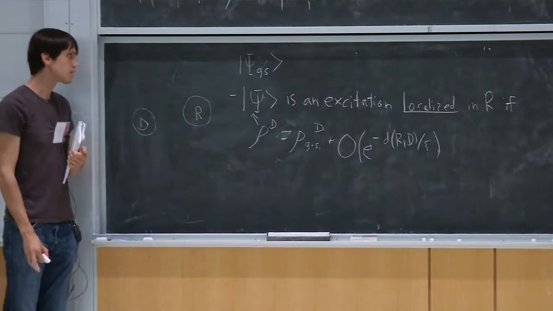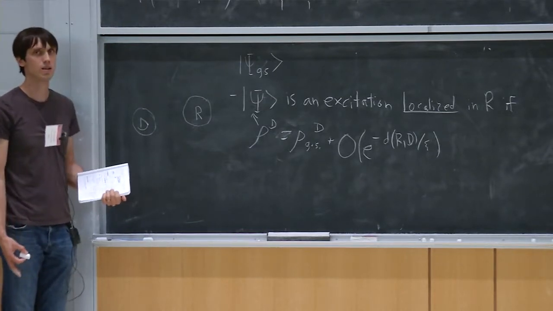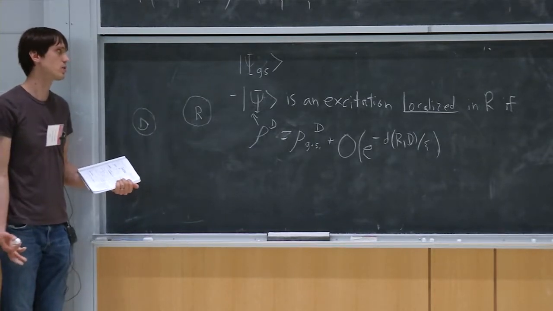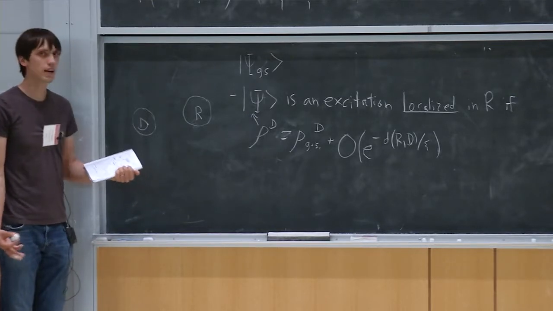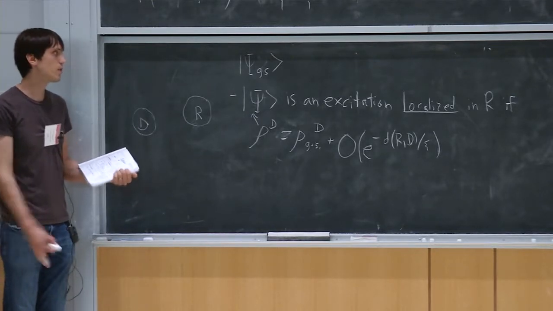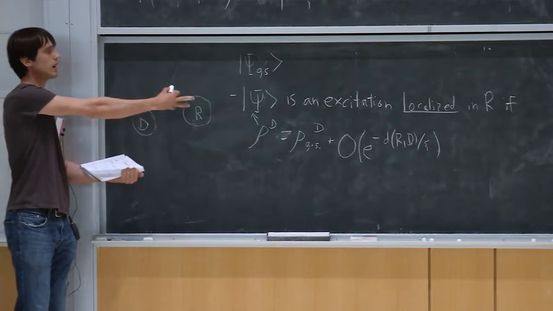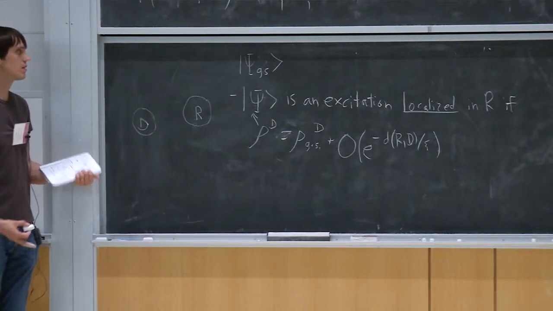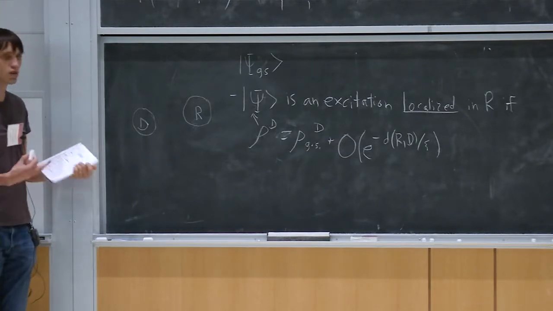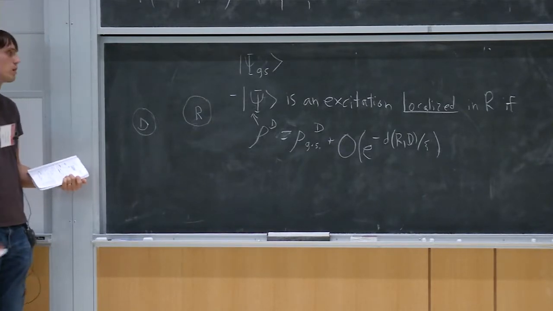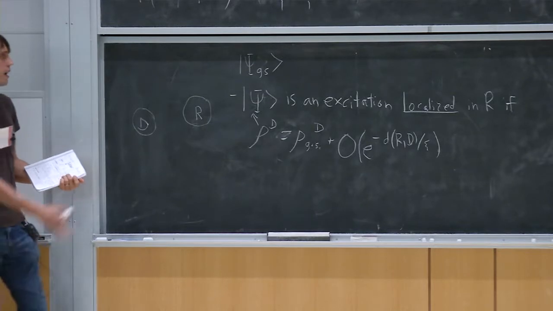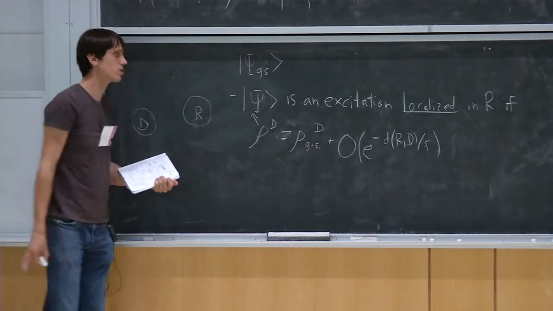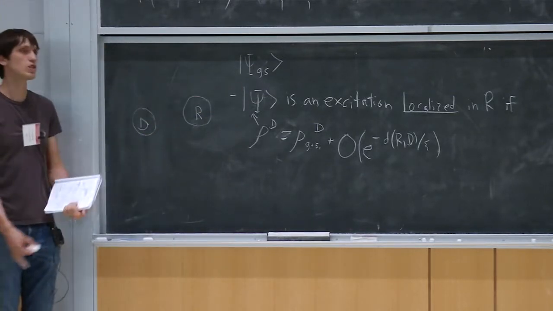Now, I want to define anyons to be localized excitations, but there's something else I have to do. If I just define anyons this way, this contains too many excitations. I sort of have to quotient out by something. This definition of localized excitations doesn't just contain anyons; it contains all excitations.